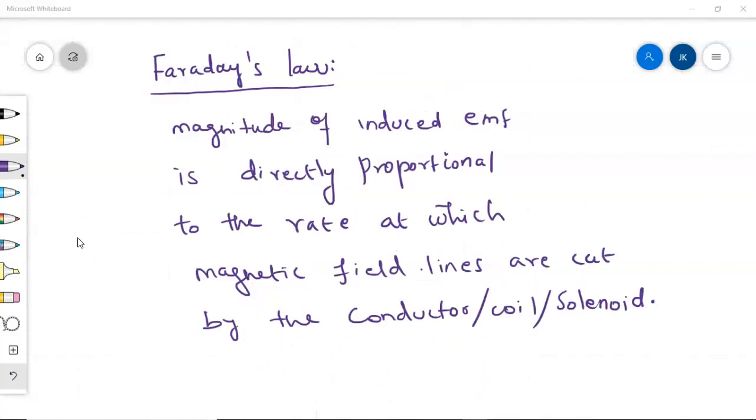Faraday's law: the magnitude of induced EMF is directly proportional to the rate at which magnetic field lines are cut by the conductor, coil or solenoid. For example, if the induced EMF is 2 volts, it is directly proportional to the rate at which magnetic field lines are cut.